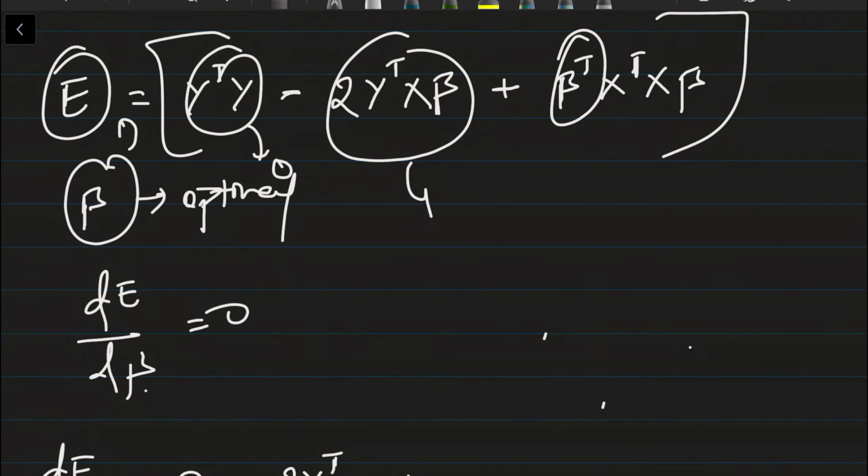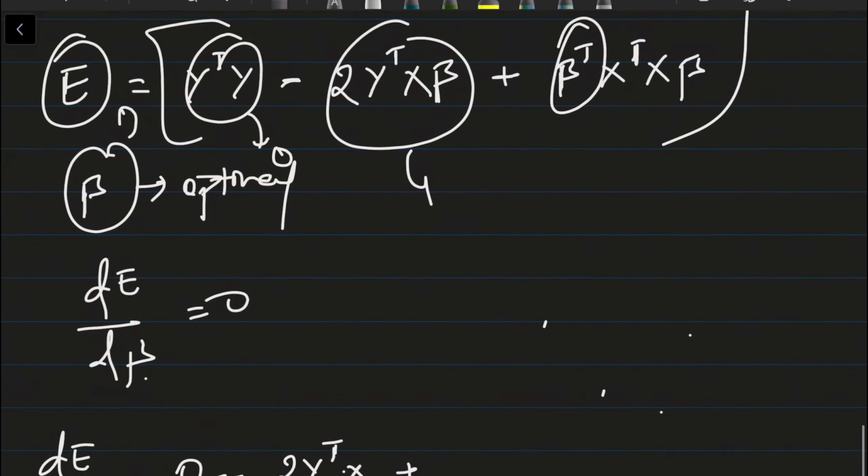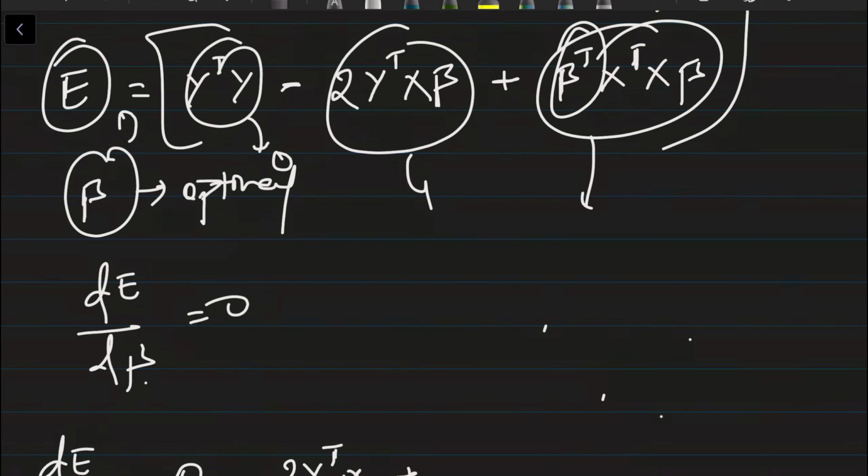In matrix terms, you can search for the differentiation of beta transpose in Google. The differentiation of this entire thing is 2 X transpose X beta.